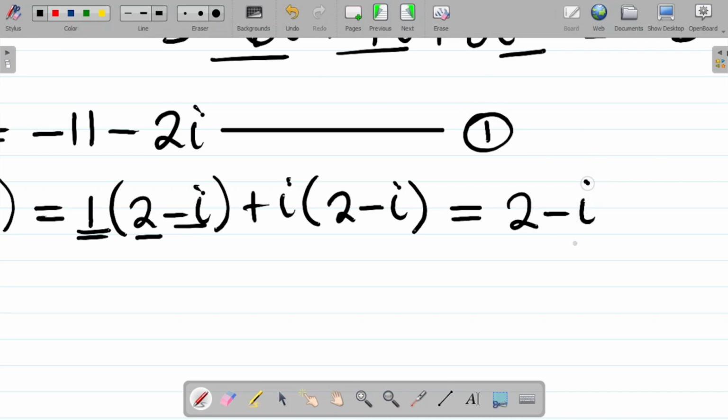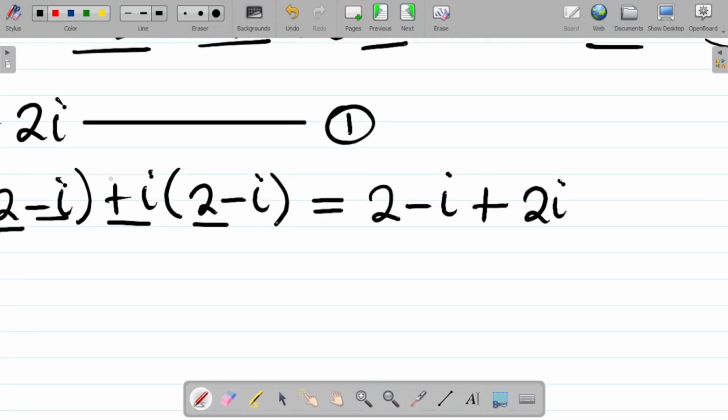Plus i times 2 is plus 2i. And then finally, plus times minus is minus. i times i is i squared.